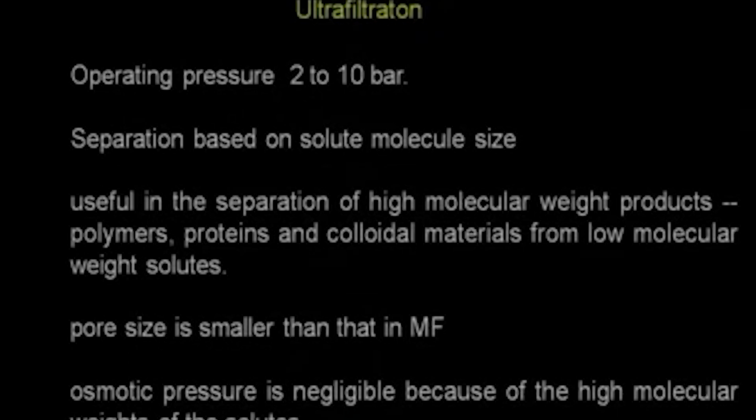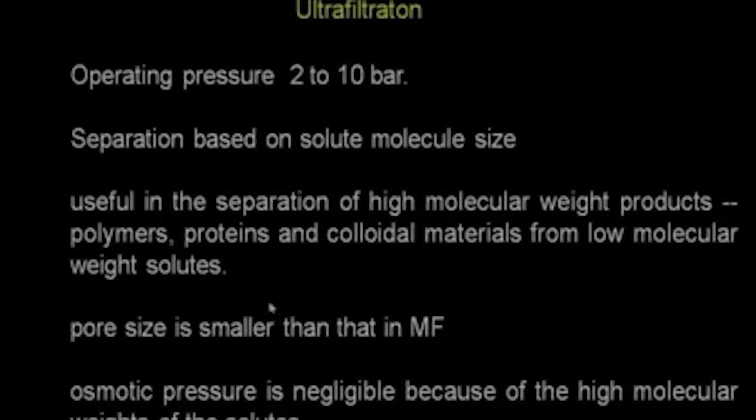This is the governing equation which determines the permeate flow. Now ultrafiltration, of course, the pore sizes are very small, and the operating pressure is also very high when compared to microfiltration, it is 2 to 10 bar. So this is the separation based on molecular size. We can use it for separating high molecular weight products from smaller molecular weight products, such as polymers, proteins, colloids from ionic salts.